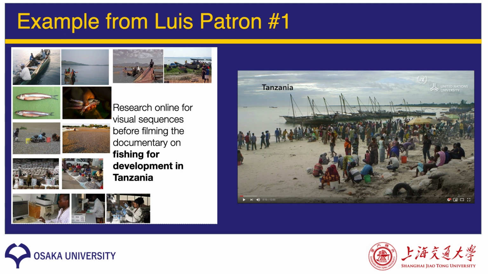And he basically, before he went there, he did a lot of research on the internet and pulled together photographs and images of just exactly what the fishing looks like, where the fishes are kept, and how the scientists are working to identify and also reduce the contamination of the fish catch. And then he would go to Tanzania and do the filming.